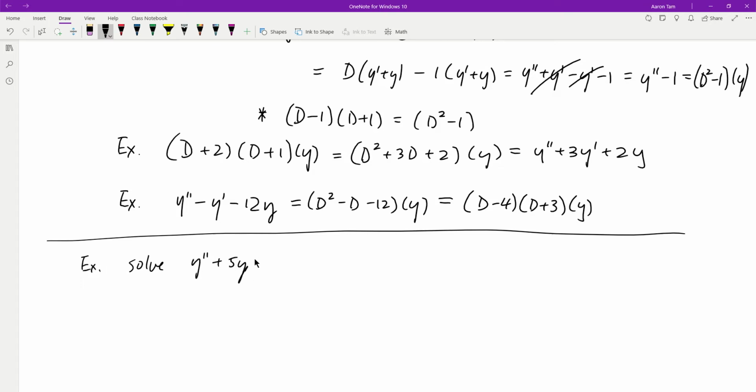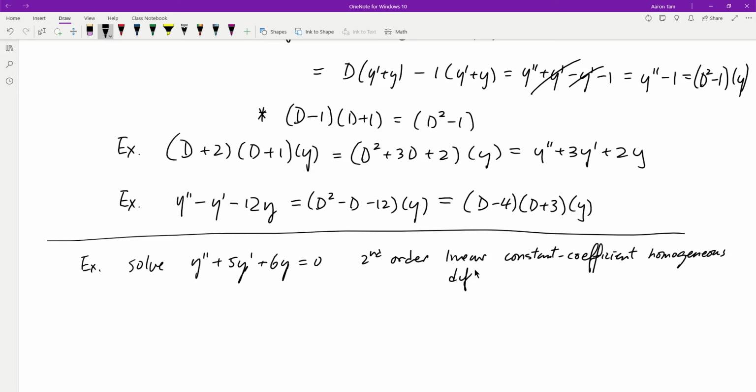So the last thing I want to show you is how do we solve an equation like this? Let's say I have this one right here. So how do I solve this equation? First of all, remember this is a second order linear constant coefficients homogeneous differential equation.